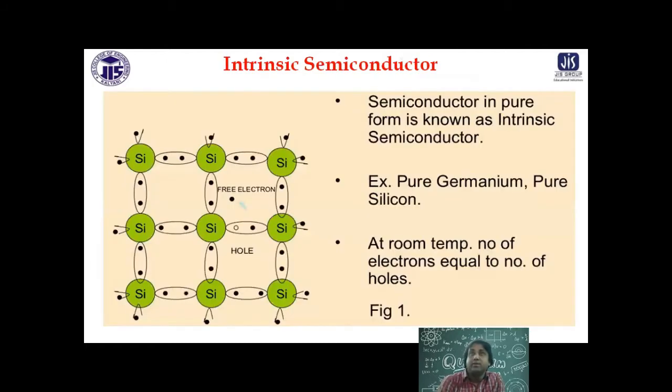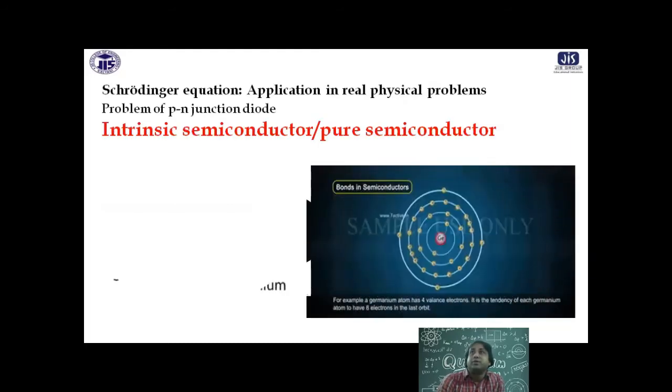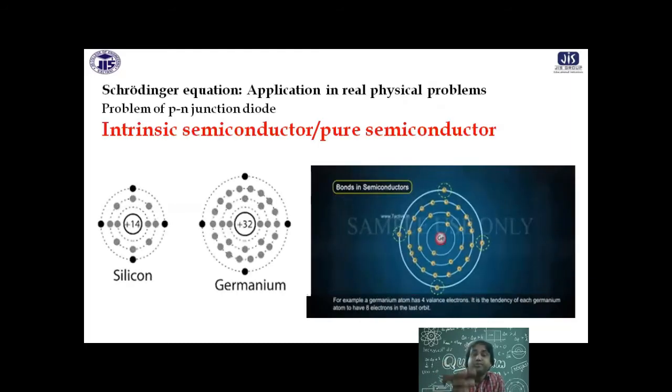This is the structure of an intrinsic semiconductor. In my previous video lecture, I tried to tell you how, through the sharing of electrons amongst the silicon atoms, you create this covalent bonding.